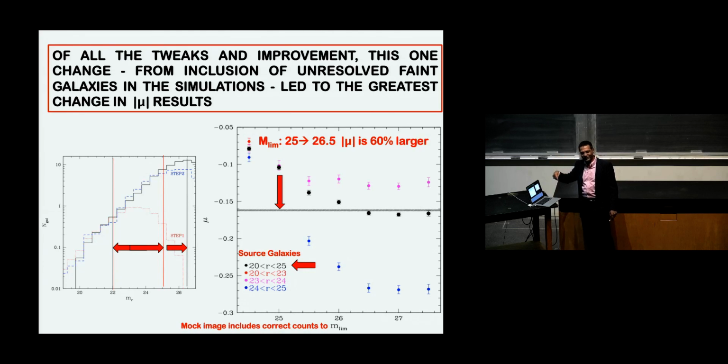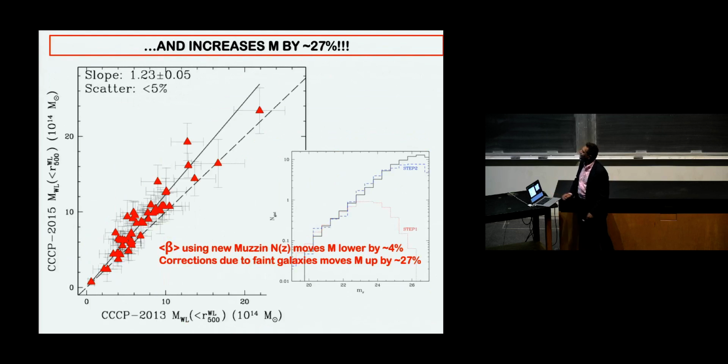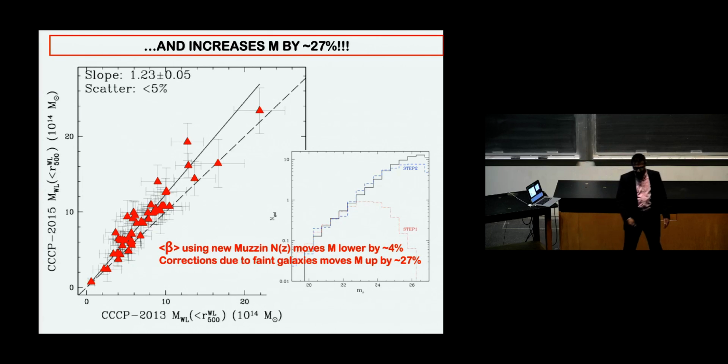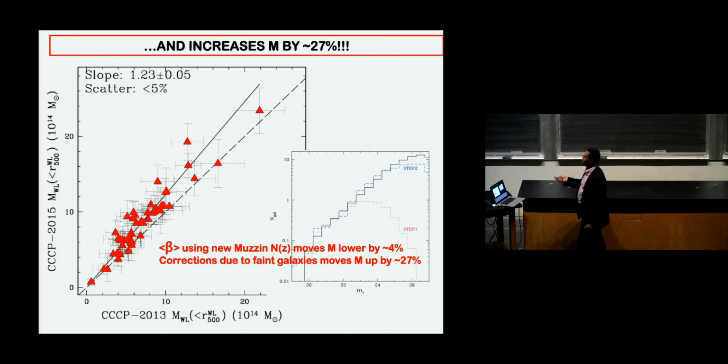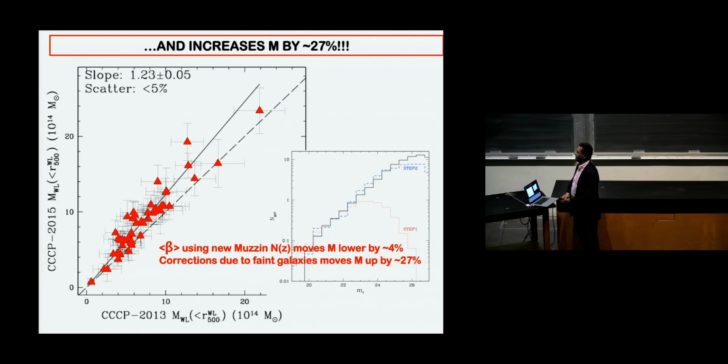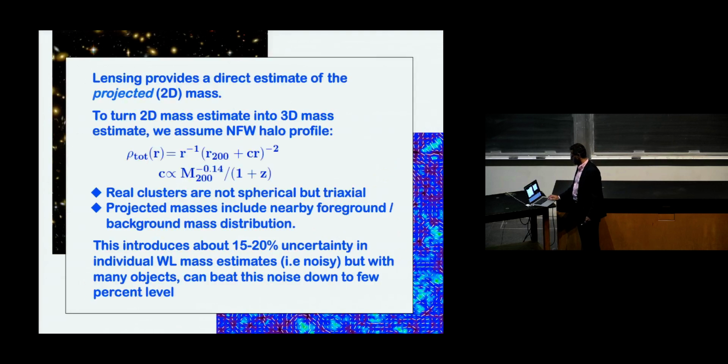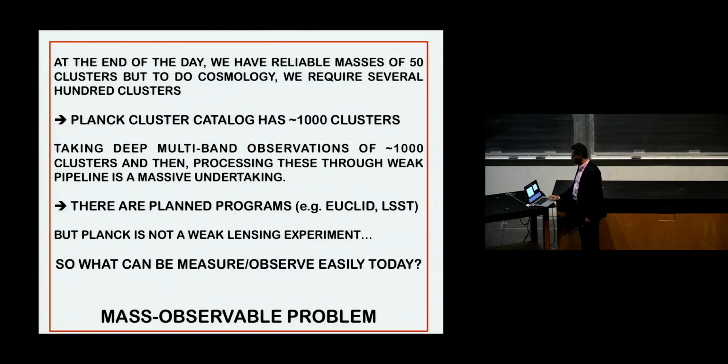You need to increase your multiplicative bias. And as I mentioned, when you go through this process, the changes in the mass are at the level of 27%.